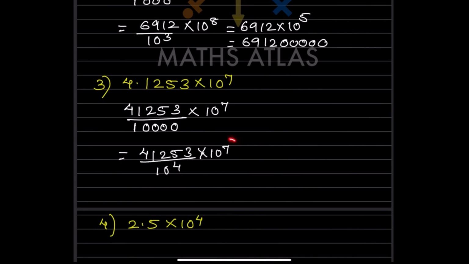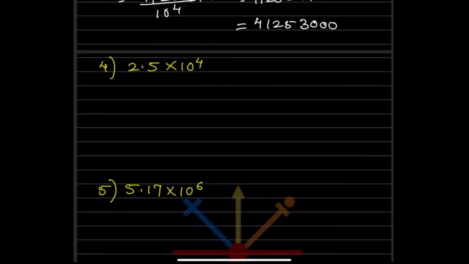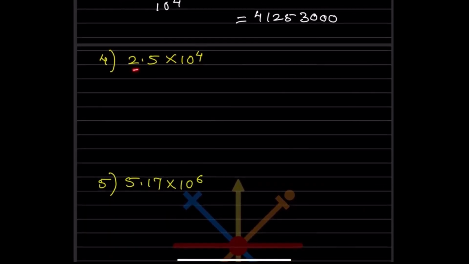Now 10 raised to 7 divided by 10 raised to 4 means 7 minus 4. So this is 41253 into 10 raised to 3, which is written as 41253 and 3 zeros.